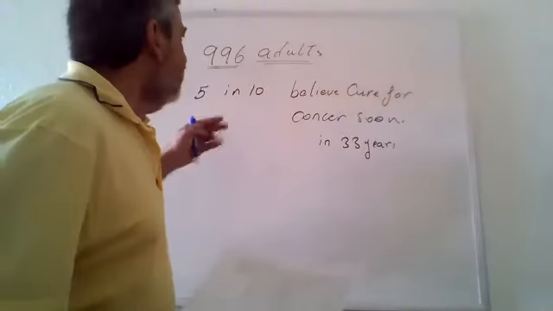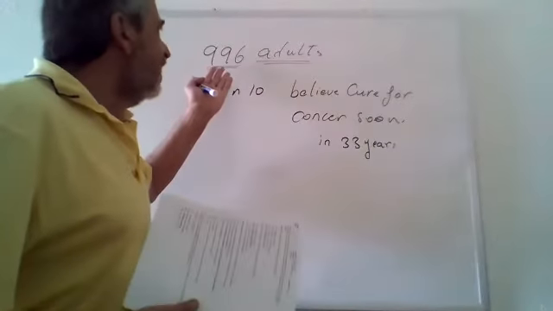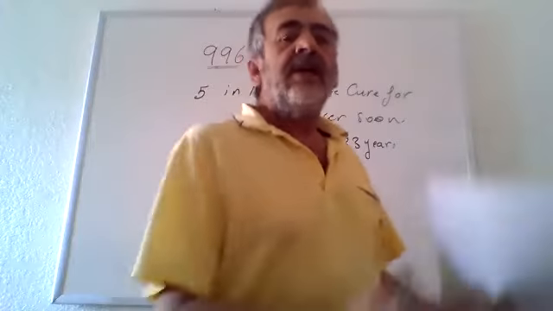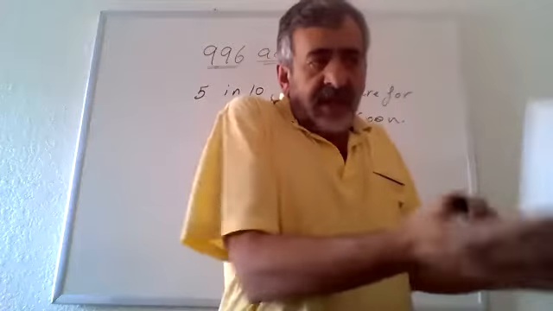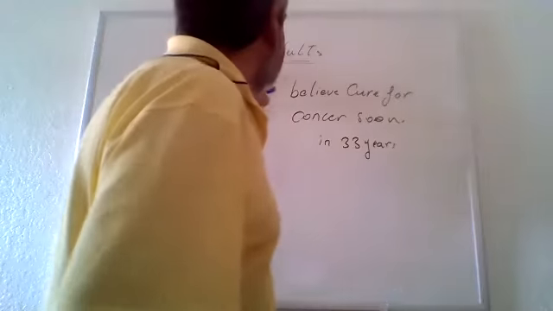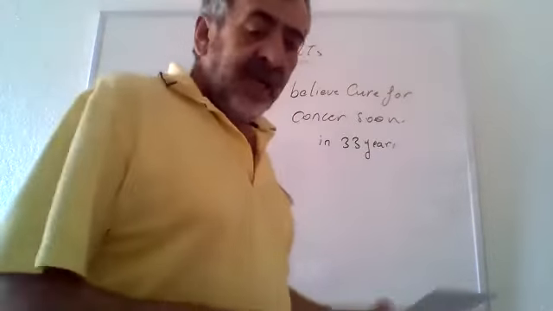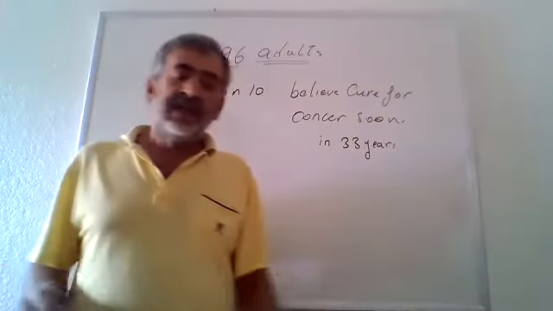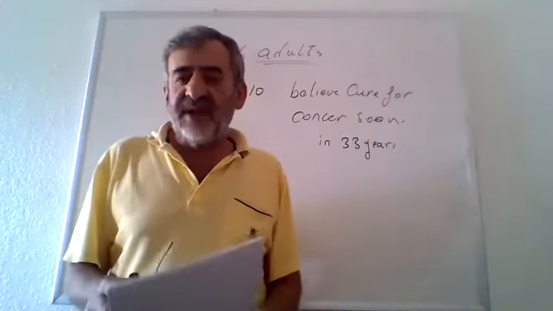Because normally, if my sample would be, let's say, 50 children, then really my population would be the children, because I picked from the children. In this case, we picked from the adults, so therefore the population has to be all the adults in the country because we specify a particular country.